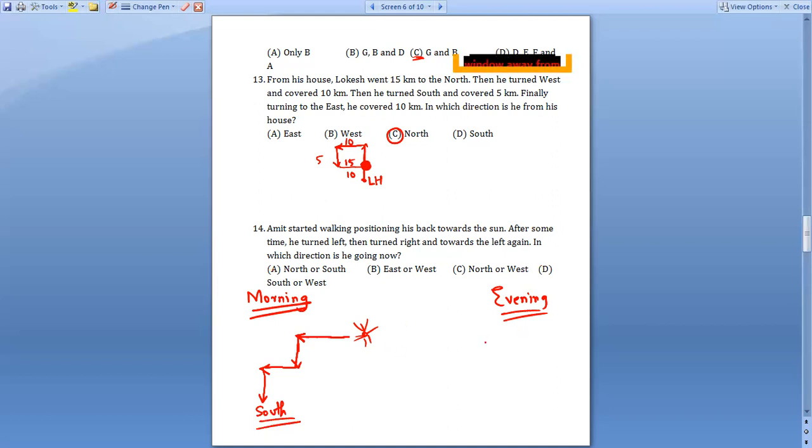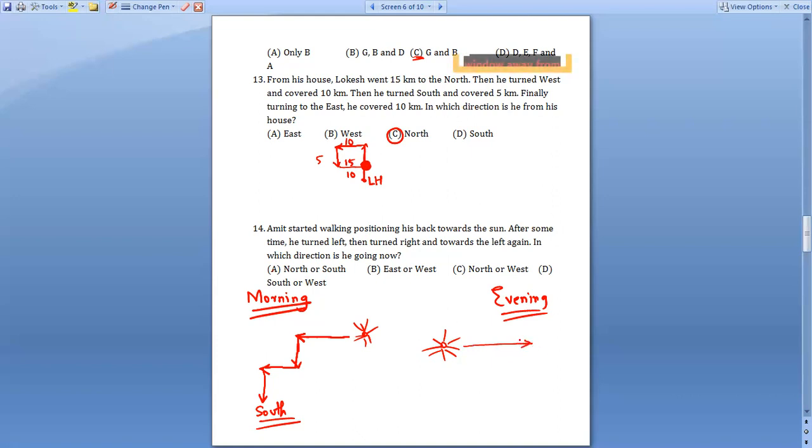Now let's discuss the other case, that is during the evening. So now Amit started walking, positioning his back towards the sun. During the evening, the sun is on the west. That means he's walking towards east.